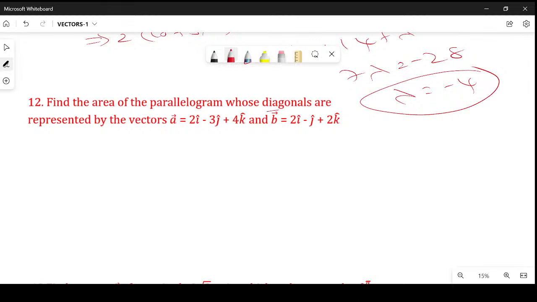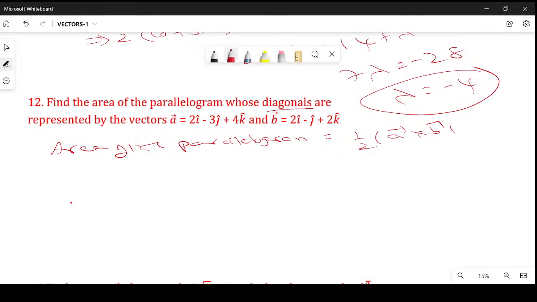Always remember, area of the parallelogram equals 1 by 2 mod a bar cross b bar.